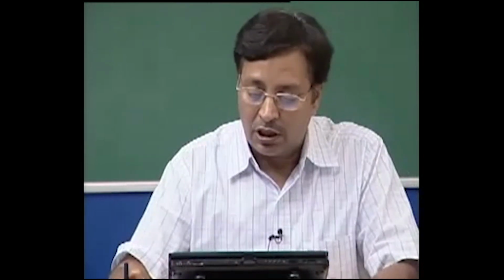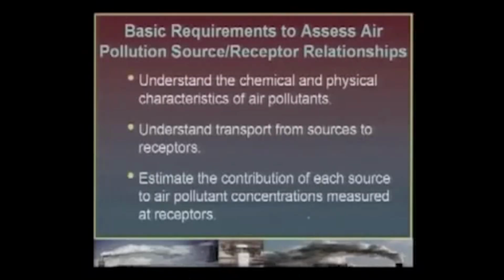But in order to control and plan and prevent pollution, you want to know how much pollution is coming from different sources. So essentially we are looking to develop and understand the linkage between the source and the receptor impacts.